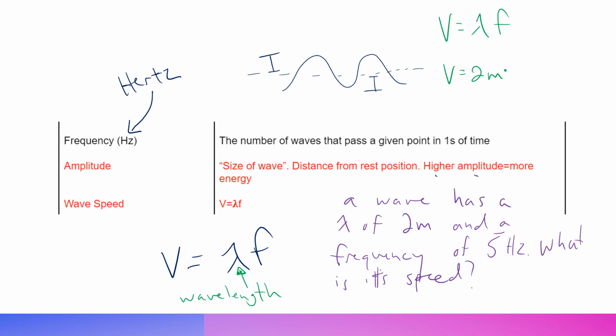We're going to multiply by the frequency, which we were told is 5 hertz. And by the way, remember that you always measure velocity in meters per second. So in this problem, my velocity would be 2 times 5, which is 10. There's your answer. Not too hard.